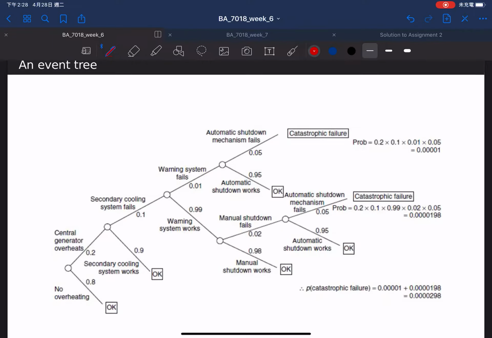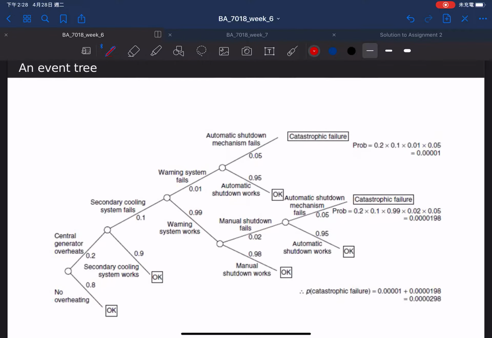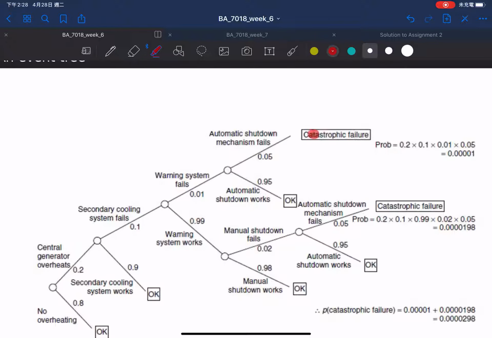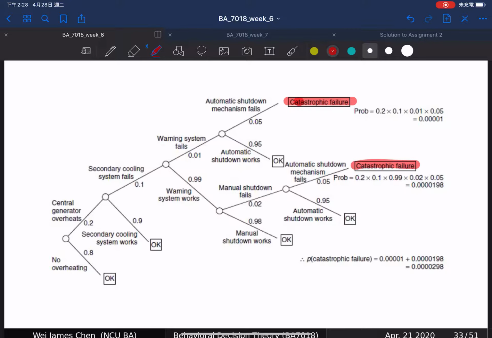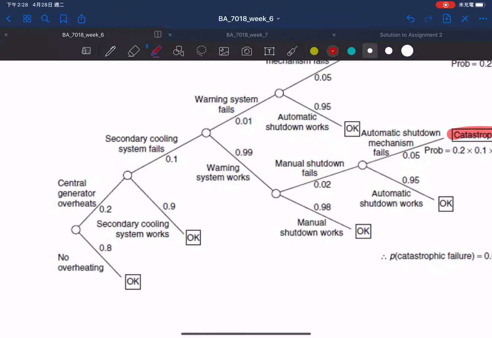For example, here we are going to assess a catastrophic failure. Okay, and for this catastrophic failure to happen, you need to have the central generator overheat.